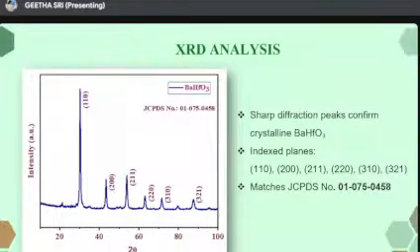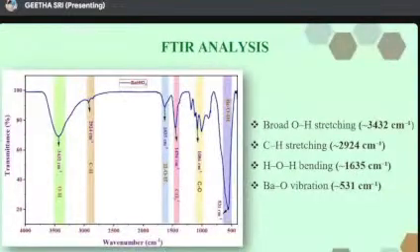So the observed diffraction peaks such as 110, 200, 211, 220, 310, and 321 match well with JCPDS card number 0.750458, confirming successful phase formation. Then the FTIR analysis reveals the presence of characteristic functional groups.